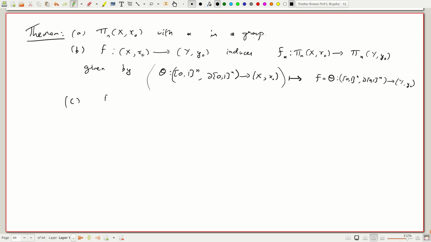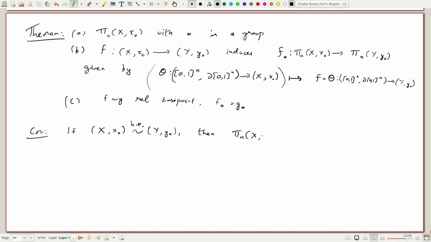And secondly, if f is homotopic to g, rel base point, then f star equals g star. Okay, and so as usual you have the corollary. If x0 is homotopy equivalent fixing base point to y0, then the homotopy groups are all isomorphic.